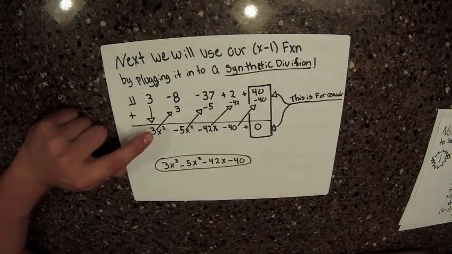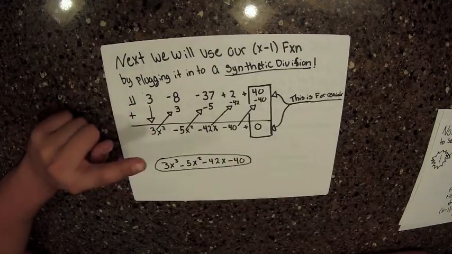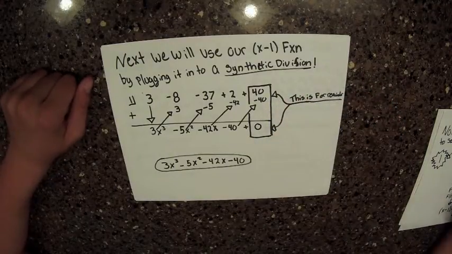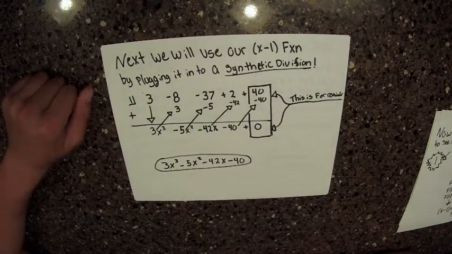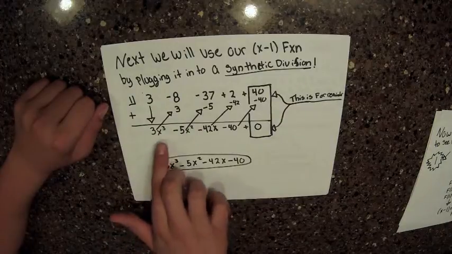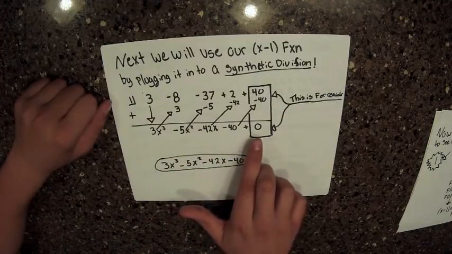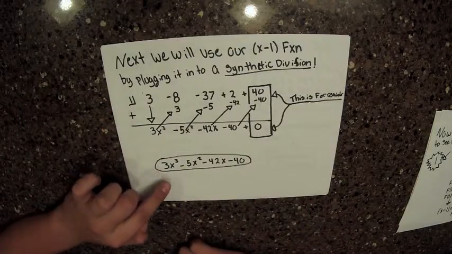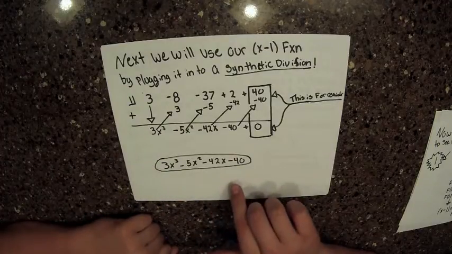Whatever the exponent was in your first equation, you subtract 1, because by doing this you've gotten rid of an entire term. In the first equation, there were 1, 2, 3, 4, 5 terms. Now, since we've done the synthetic division, we've reduced it down to 1, 2, 3, 4 terms. Remember, that's the remainder, so that doesn't count. So the equation we have is 3x cubed minus 5x squared minus 42x minus 40.